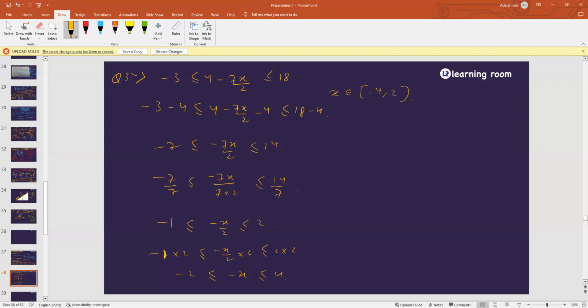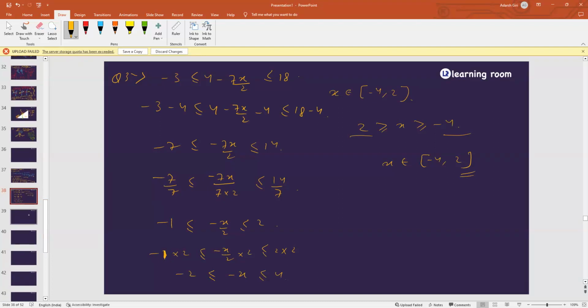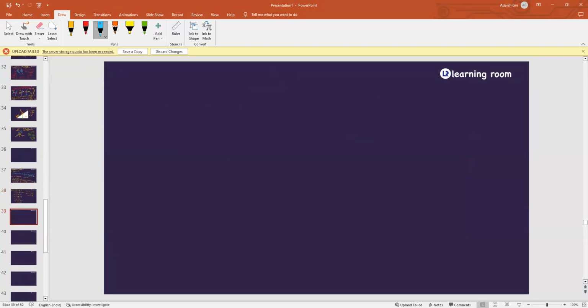So if you change the direction, you'll be getting 2 greater than x greater than minus 4. So starting from here, ending here, x belongs to -4, comma 2. Understood, everyone? Yes, sir. Any doubt? Everyone, tell me. Shall we move on?